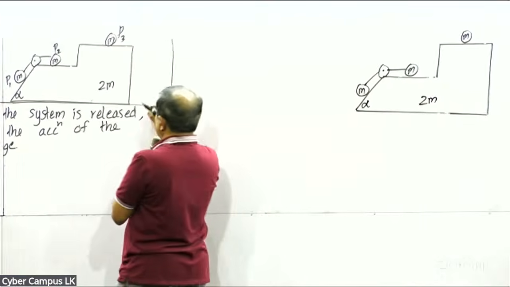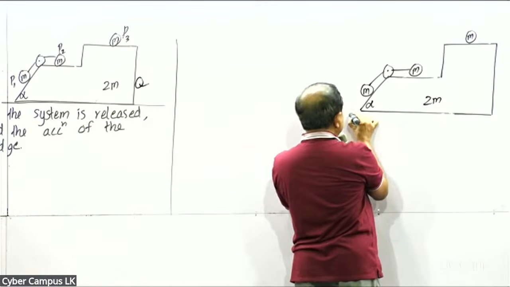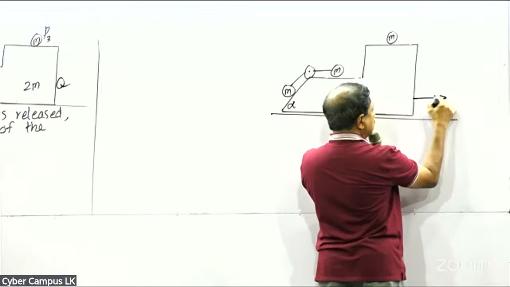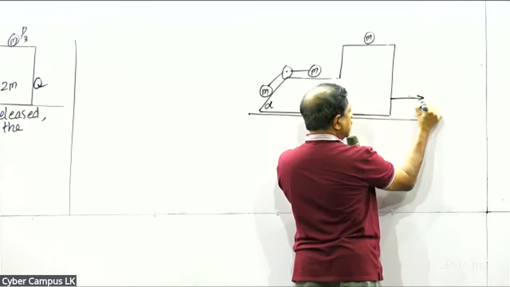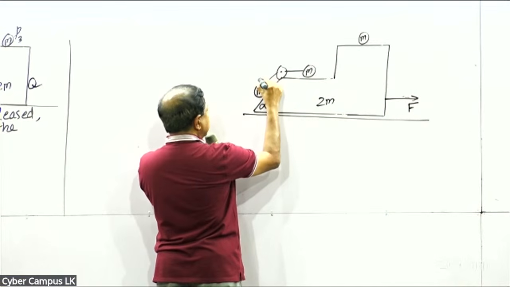We'll name this, let the wedge be Q. Now we'll have to mark the accelerations. Let this be, here one arrow is sufficient, capital F. Now this is P1.